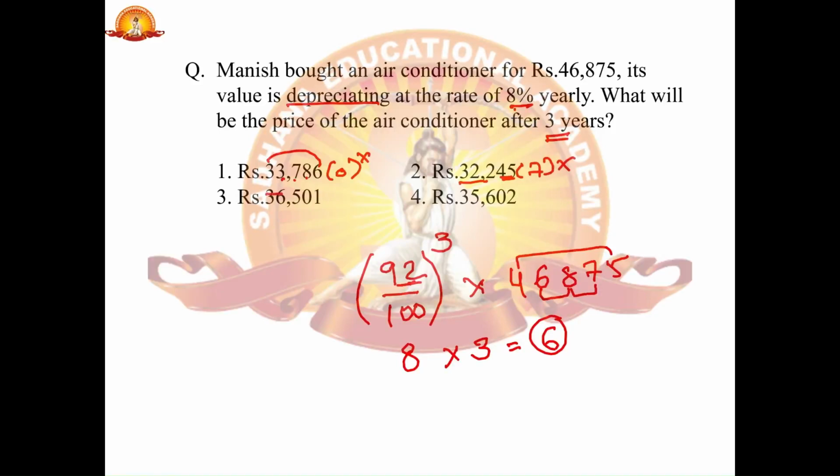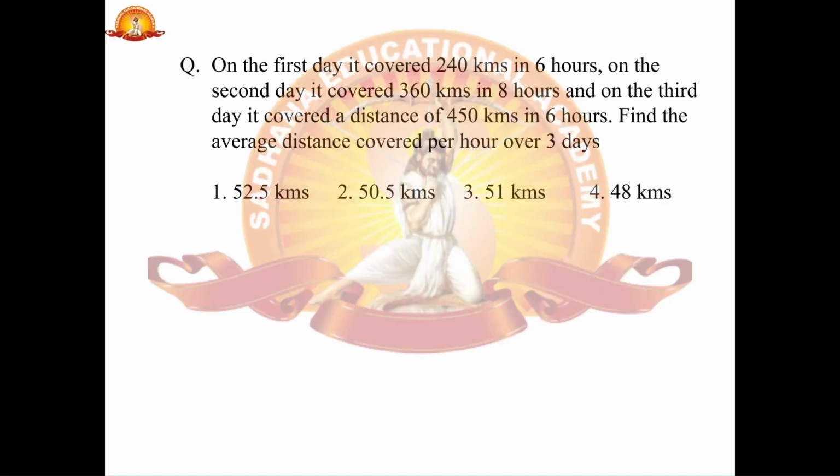Third option, 3 plus 6, 9, 5 plus 1, 6, matching. And next option, 3 plus 6, 0, 5 plus 2, 7. So this is also not matching. So our answer is 36,501 according to the digital root.